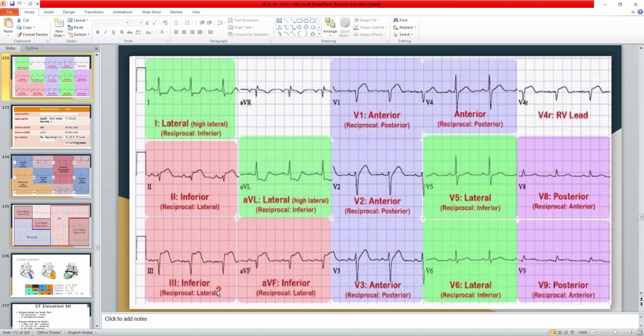I have mentioned both here, the involved wall and the reciprocal wall. Coming to the anterior wall, V3 and V4 are the leads involved. At the same time, these are the walls where ST segment depression occurs in posterior wall MI.